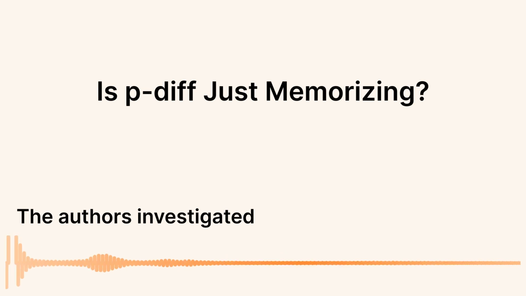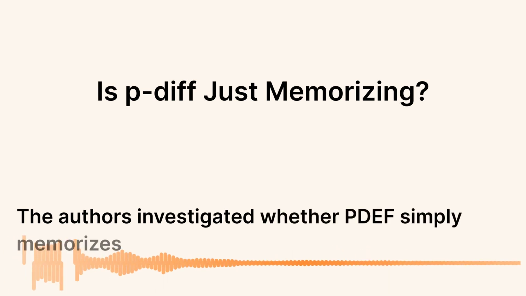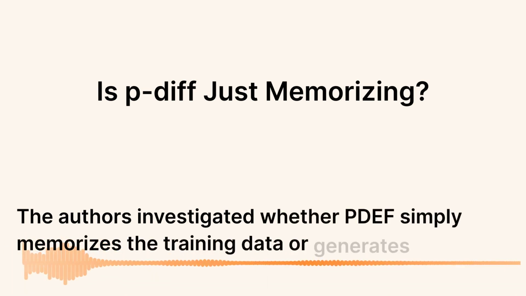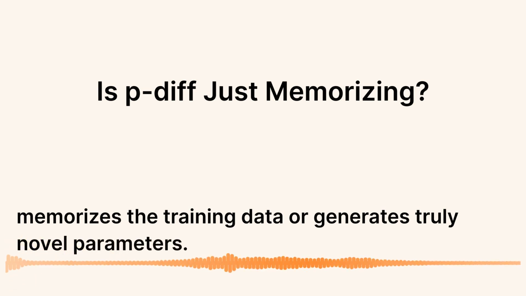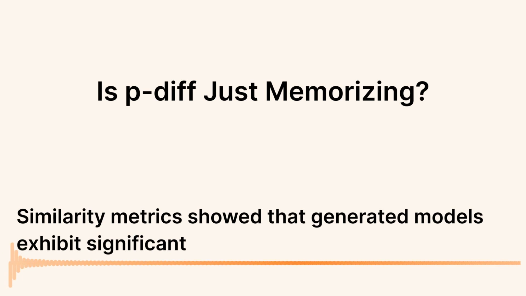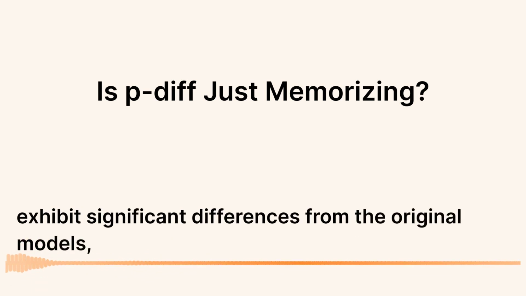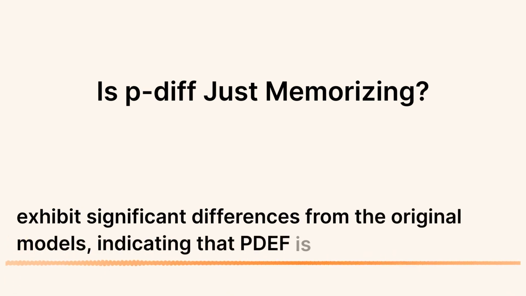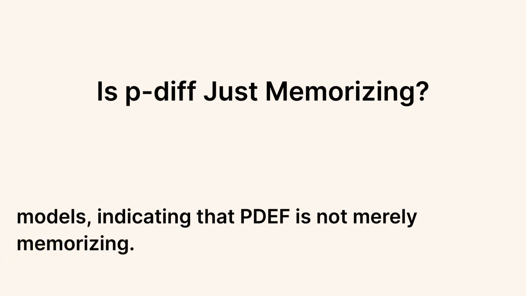The authors investigated whether p-diff simply memorizes the training data or generates truly novel parameters. Similarity metrics showed that generated models exhibit significant differences from the original models, indicating that p-diff is not merely memorizing.